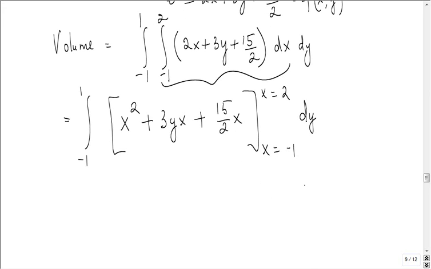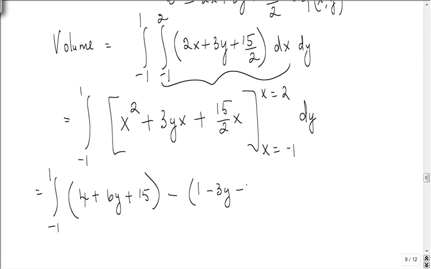Okay, let's substitute. So put negative 1 to 1, put some parentheses. So put 2 first. So that's 4 plus 6y plus 15. Put that in one pair of parentheses. Minus, open again. Put negative 1, so that's a 1 minus 3y minus 15 over 2, dy.